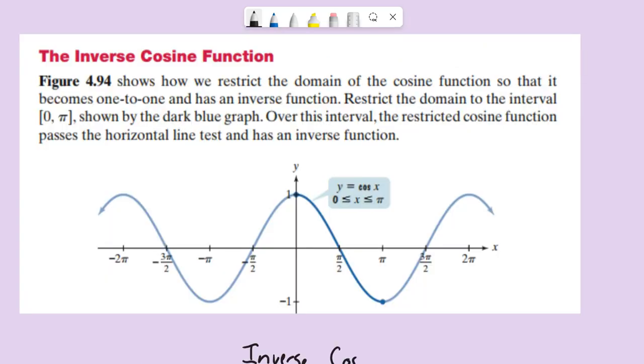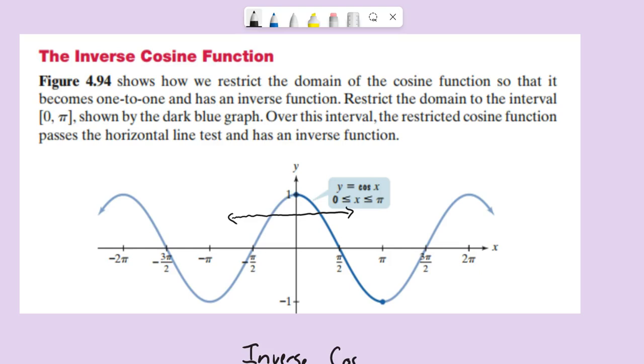The inverse cosine function. Now you might think, well, okay, let's do negative pi halves to pi halves again. But if we did that, folks, we would have no inverse function, right? That's my best shot here at a horizontal line, which isn't very good. That's not going to be a one-to-one function, so we can't do that.